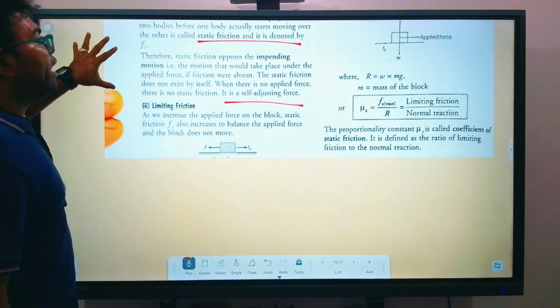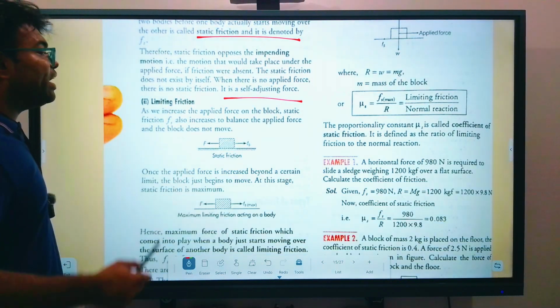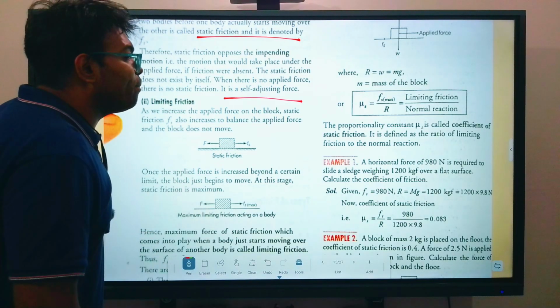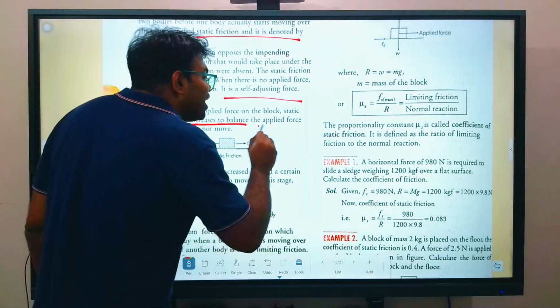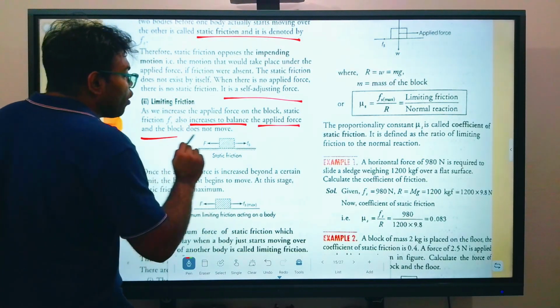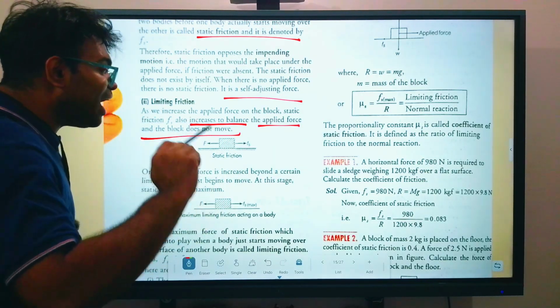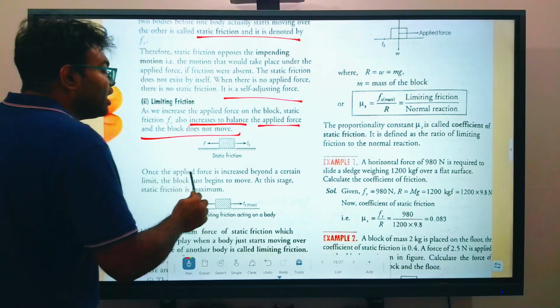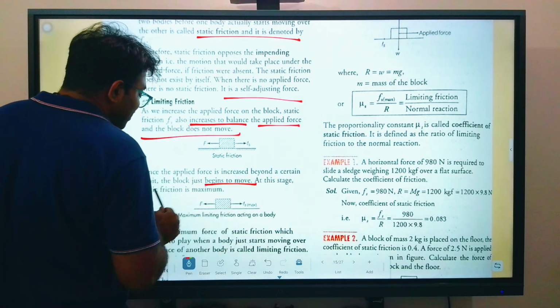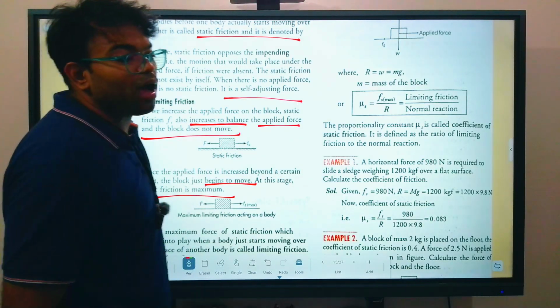Now limiting friction. As we increase the applied force on the block, static friction Fs also increases to balance the applied force and the block does not move. Once the applied force is increased beyond a certain limit, the block just begins to move. At this stage, the static friction is maximum.